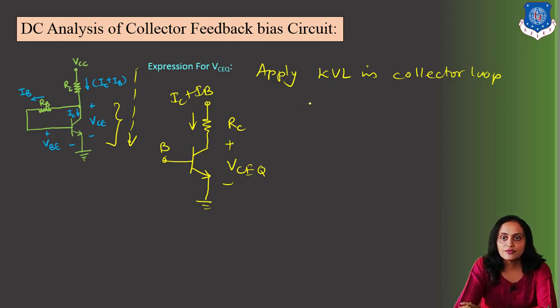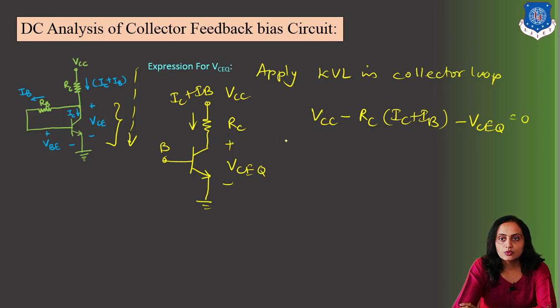So applying KVL in the collector loop, we can write VCC minus RC into (IC plus IB) minus VCEQ is equal to 0. Now to make VCEQ the subject, we have VCC minus RC into (IC plus IB).